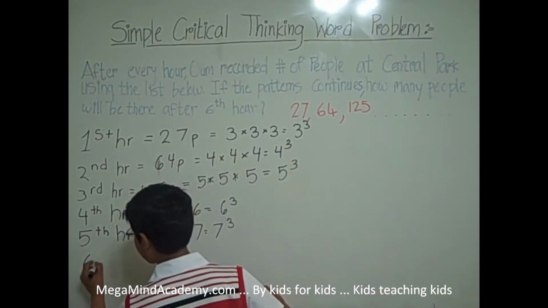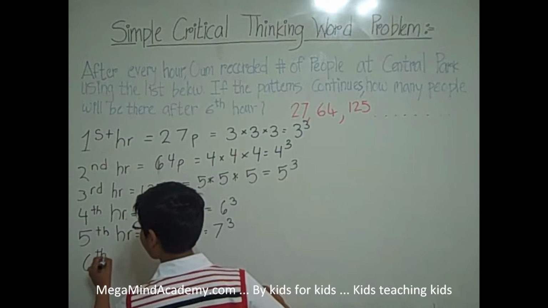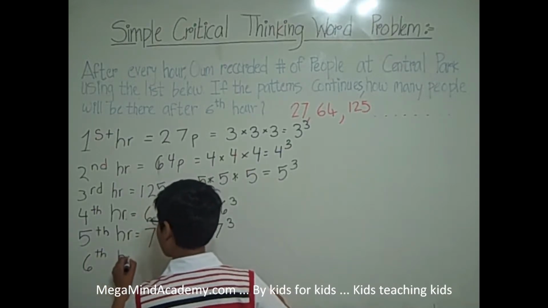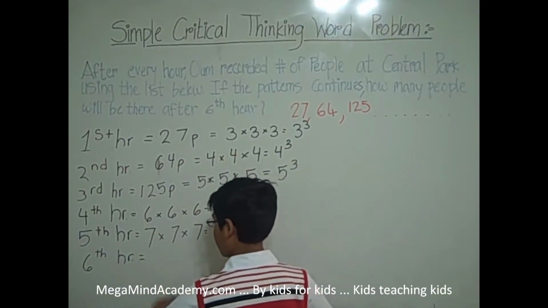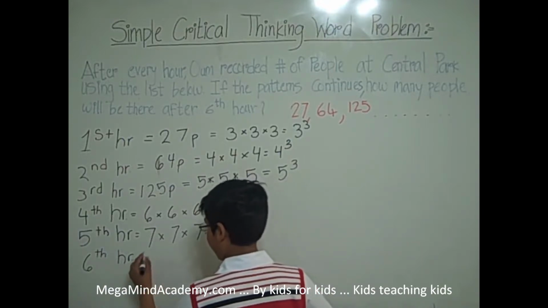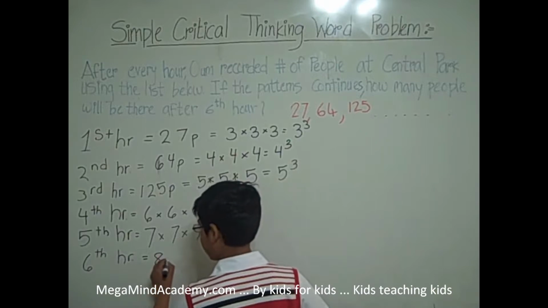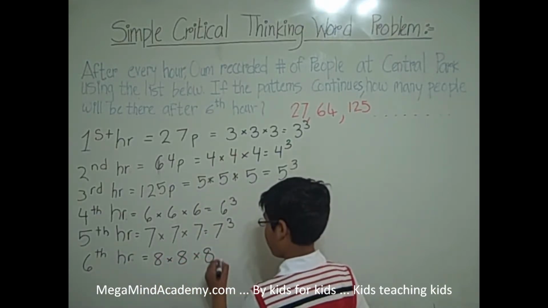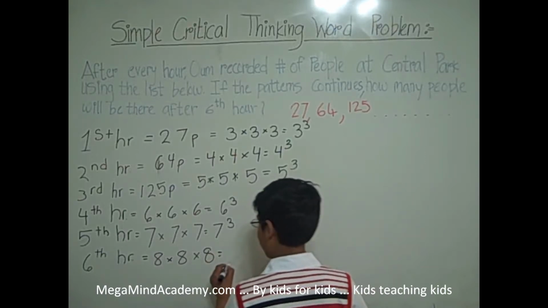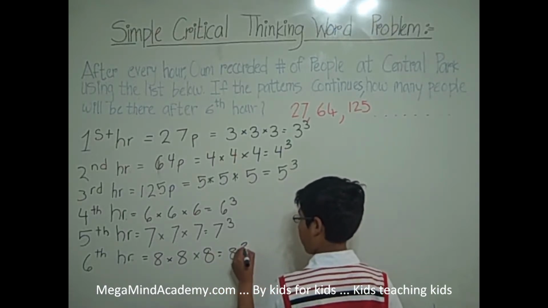After the sixth hour, Ohm will have recorded 8 times 8 times 8 people, which is equal to 8 to the power of 3.